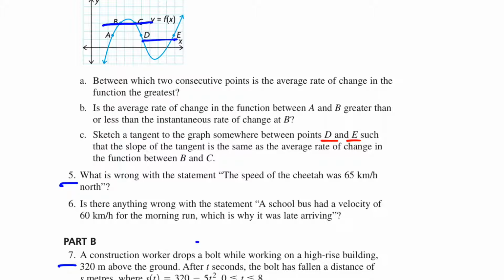It's a horizontal line. We are looking for a point between D and E at which the slope of the tangent line is 0. That point is point F on the graph of the function.